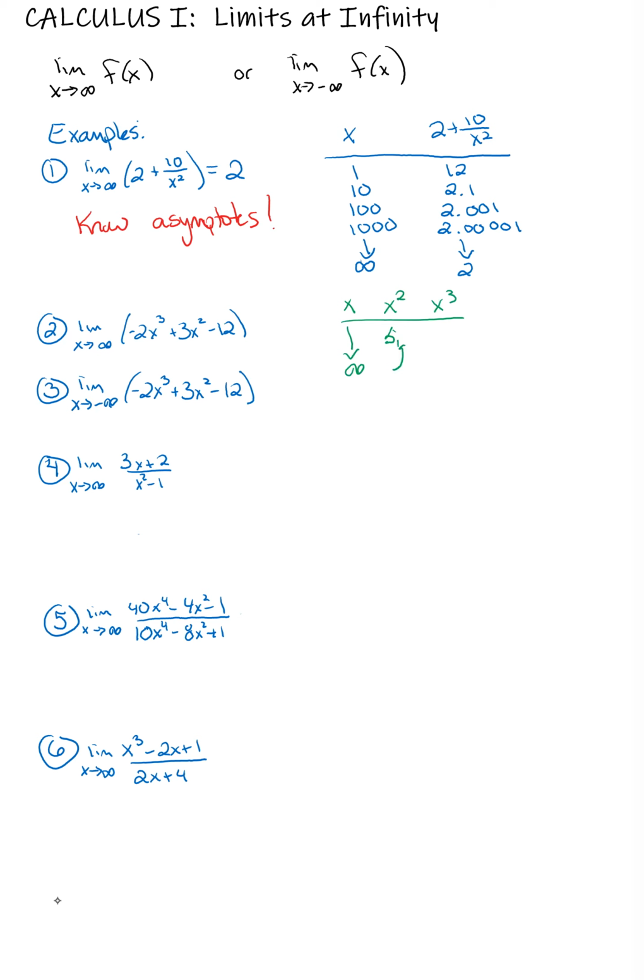Think about squaring numbers, those get pretty big relatively quickly. But x cubed gets bigger kind of faster than x squared. So the x cubed term here gets bigger a little bit faster than the rest of it.